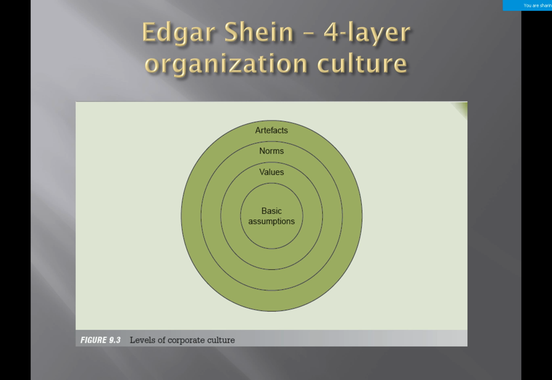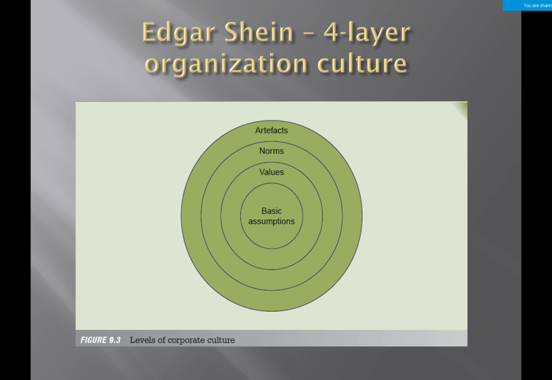A lot of the time organizations make changes in the culture by forcing people to change their behavior, which is the norms. But then they totally forget that they need to inculcate the change in values and assumptions. So a lot of the time organizations only focus on artifacts, like stating all the rules, the do's and don'ts, what the new culture should be and what the new behavior should be. But then they forget about the values and the assumptions.